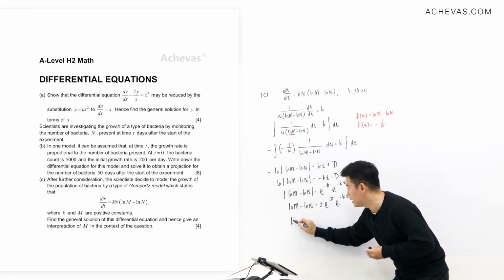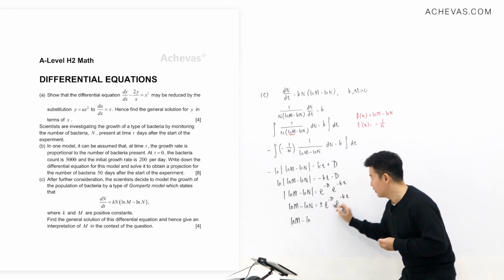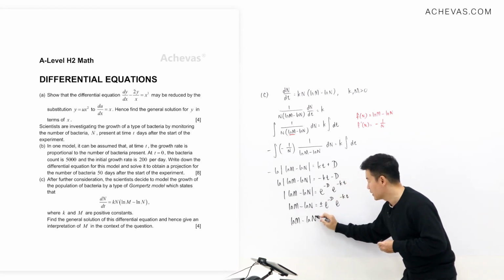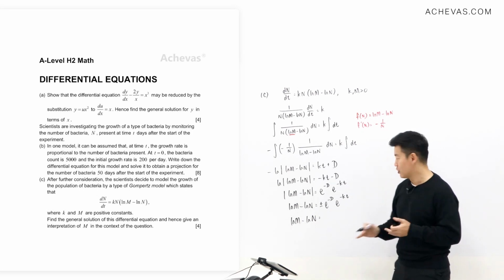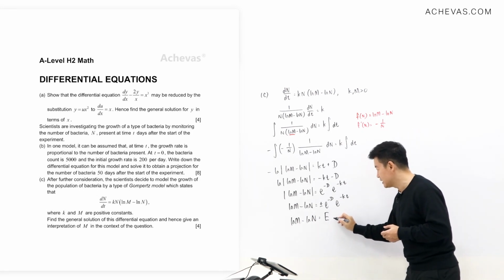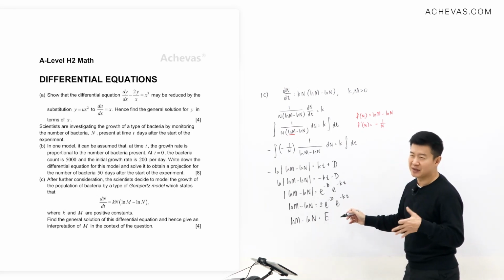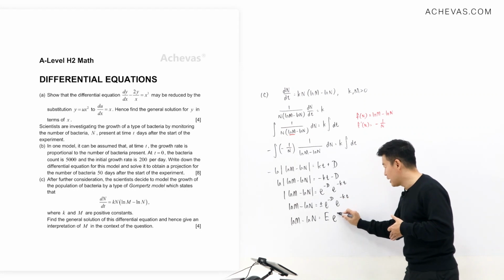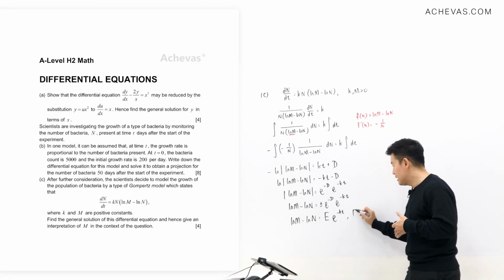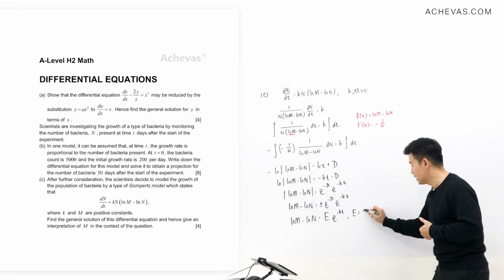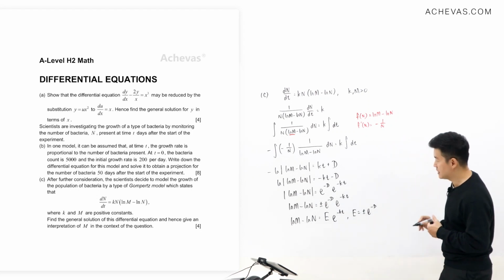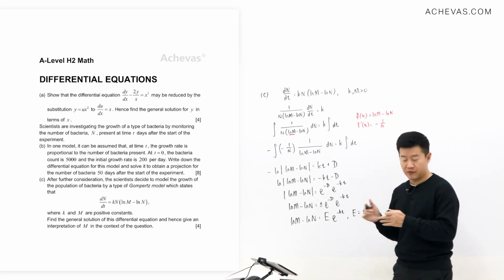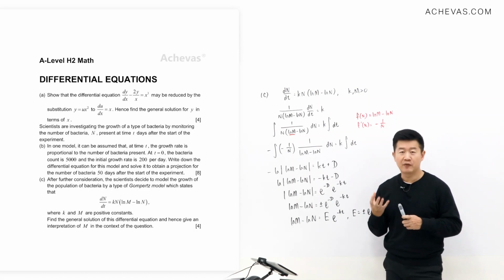And I'm going to do one last replacement. I'm going to replace this here by another arbitrary constant for the sake of convenience, E. There's already an e here, but I'm going to just go for the uppercase E, where E is an arbitrary constant, this plus or minus e to the power of minus d. Okay, so this is the solved version of the differential equation.